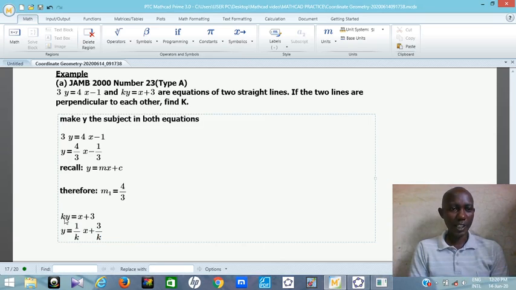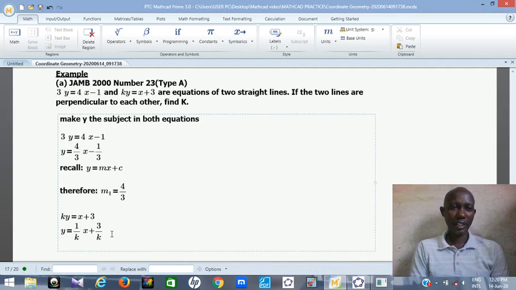That means when you divide each term by k, just the same way you did this, the coefficient of x is going to divide 3. That's how we have 4 over 3. The minus 1 is going to divide 3 when you divide each term by 3. So the same thing here, when you divide each term by k, k divided by k is 1. Then 1 over k, where 1 is the coefficient of x, is here, x plus 3 over k.